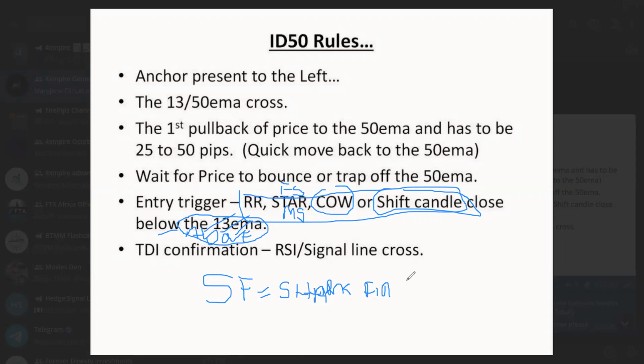Now, what is shark fin? Shark fin is, you remember the RSI line? I told us the RSI line is usually black in color, and the signal line is usually what? Red in color. So you have something like this.